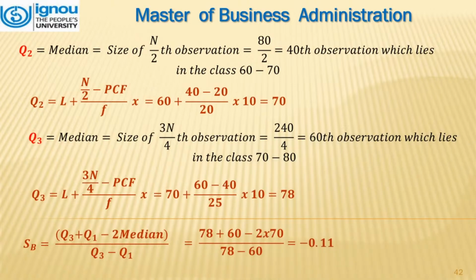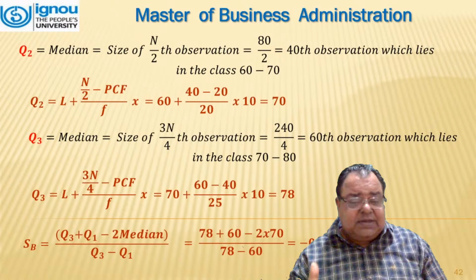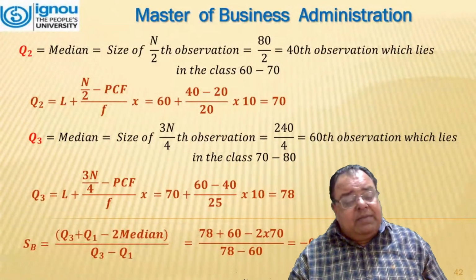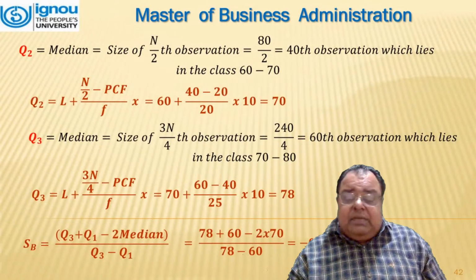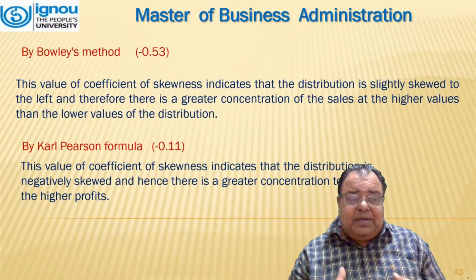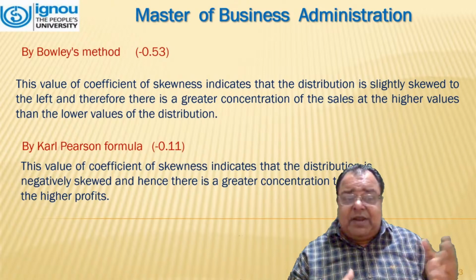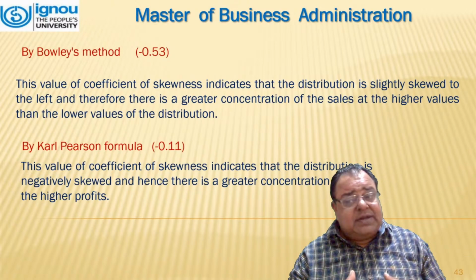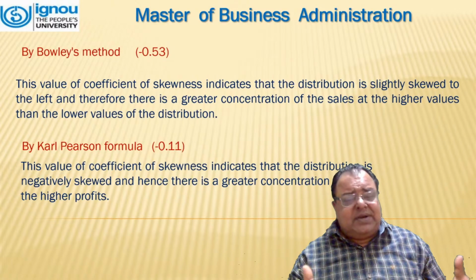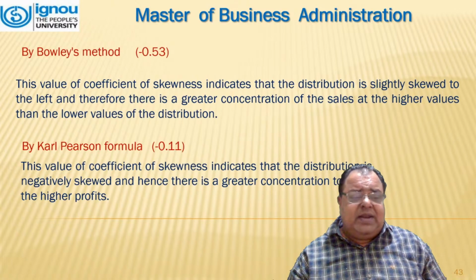Now we have SB equal to Q3 plus Q1 minus 2 of median upon Q3 minus Q1. We will get negative 0.11. Here, by Bowley's method, the value of the coefficient of skewness indicates the distribution is slightly skewed to the left, and therefore there is a greater concentration of sales at the higher values than the lower values of the distribution.